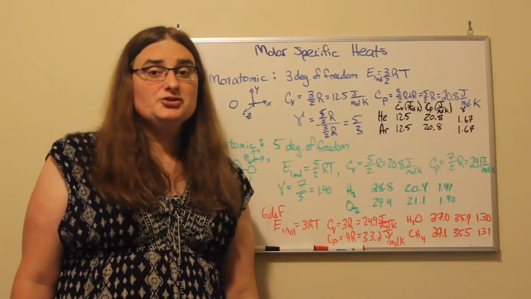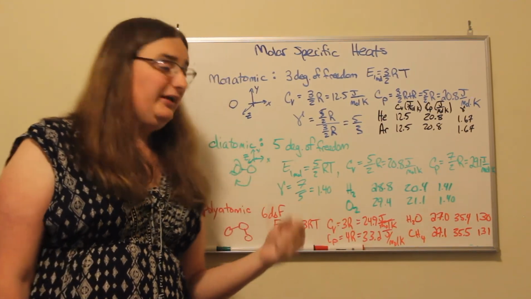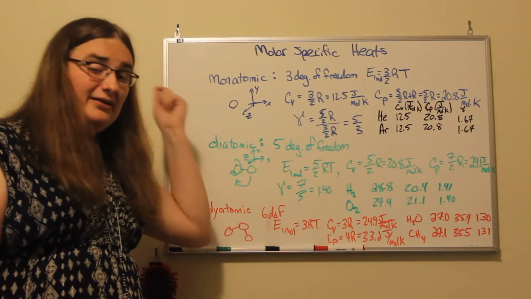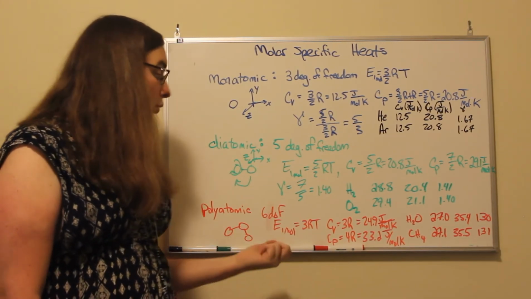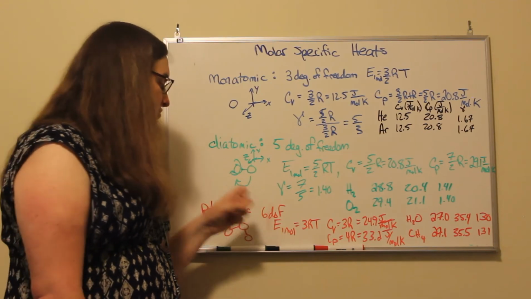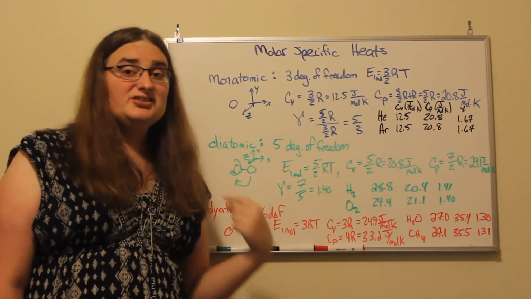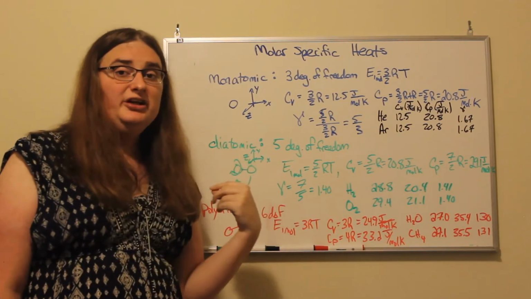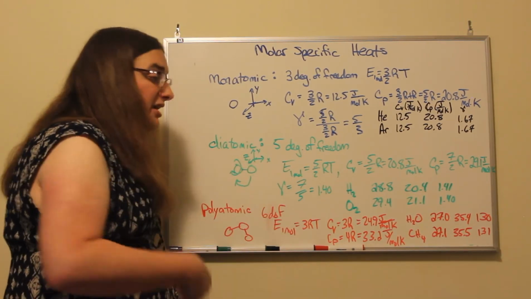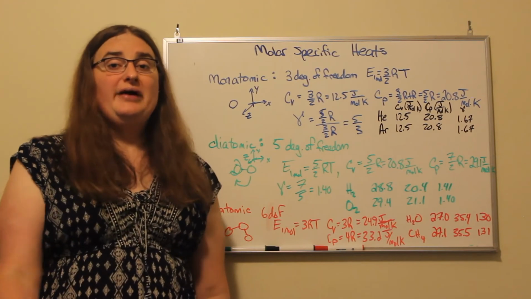If I want to make things more complicated, I could go to a molecule made of many atoms, like methane or water vapor, and those molecules would have at least 6 degrees of freedom. So the 3 different axes of linear motion plus 3 unique rotational axes.